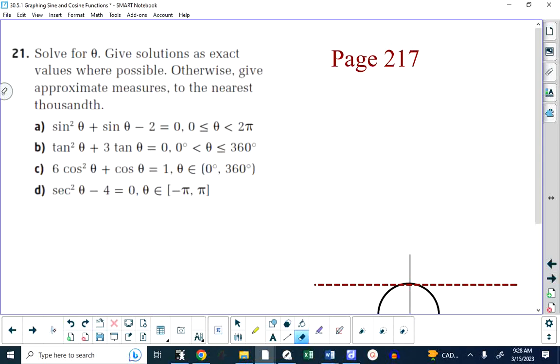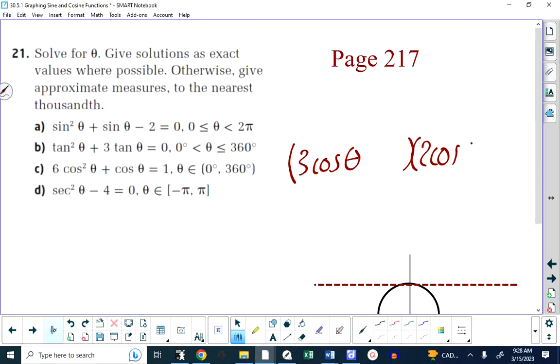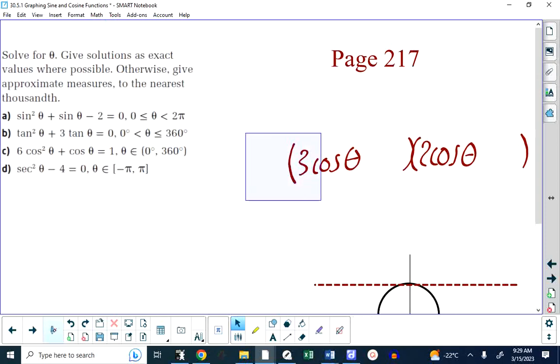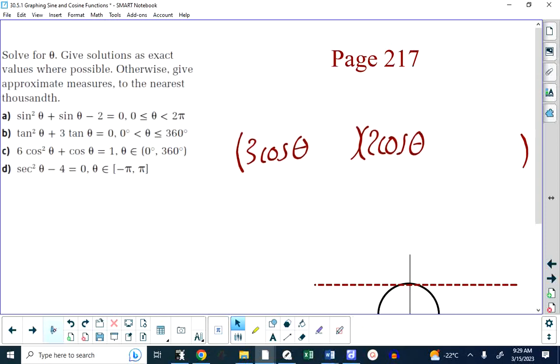If you factor C, it factors into 3 cos theta, 2 cos theta. I had mentioned to somebody in Sabre Support this morning that when you factor something like what is in C, you're probably not going to try 6 cos theta and cos theta.